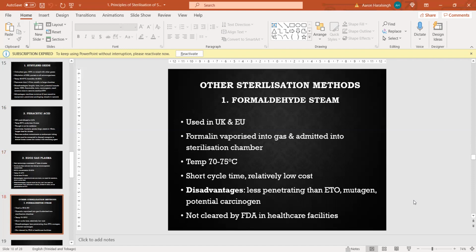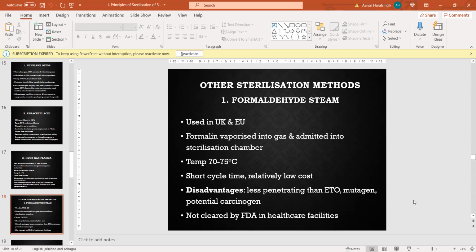There's also formaldehyde steam, which is used in the UK and the European Union. This uses formalin that is vaporized into a gas, pushed into a sterilization chamber at about 70 to 75 degrees Celsius. It has a short cycle time, and it's a relatively low cost solution.